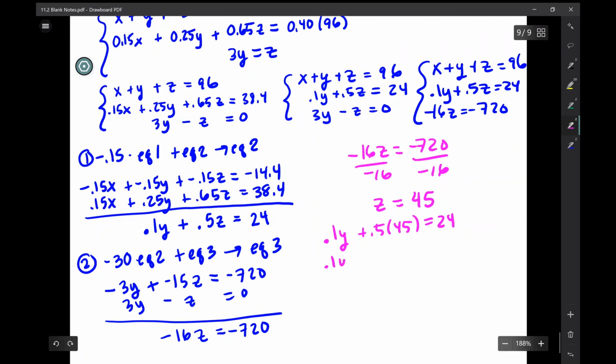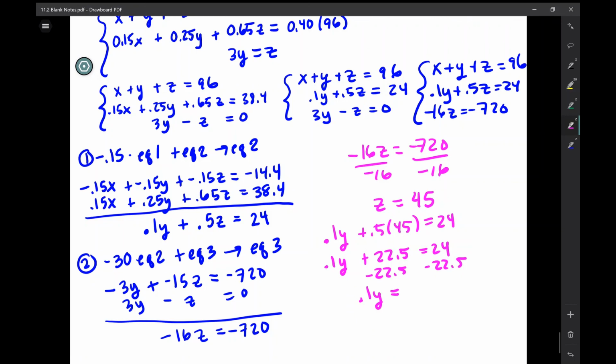Well, that's nice. Now, 0.1y plus 0.5 times 45 equals 24. So 0.1y plus 22.5 equals 24, minus 22.5 from each side. 0.1y equals 1.5. Divide by 0.1, and we get y equals 15.